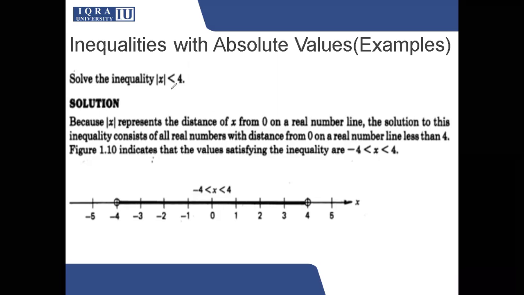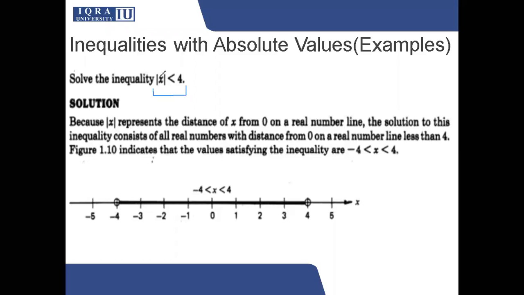So what does this mean? If you try to understand this statement, this means that the distance from 0 to some number x should be less than 4. This is what this is trying to say, right? We need to find what that number x is, first of all.